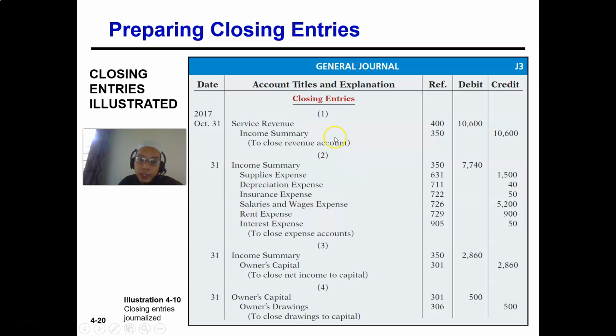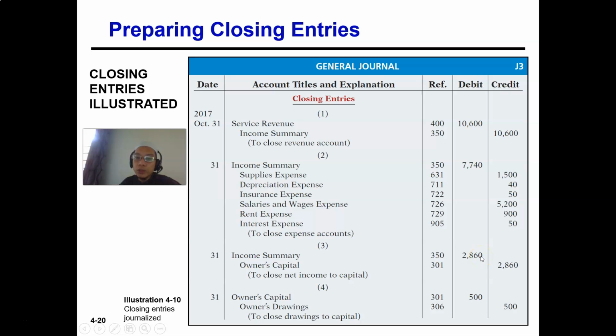So after looking at step 1 and step 2, we will find that the income summary account will have a difference of 2,860. We have credited 10,600 and we have debited 7,740, so the difference is 2,860.